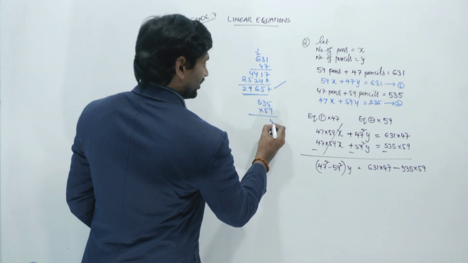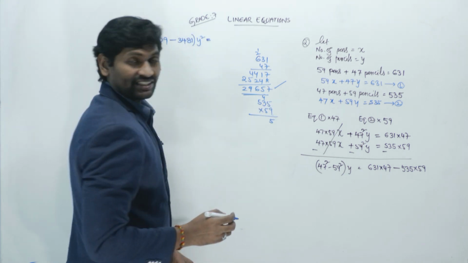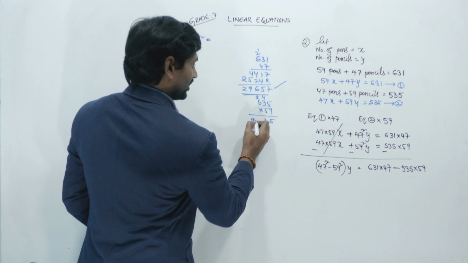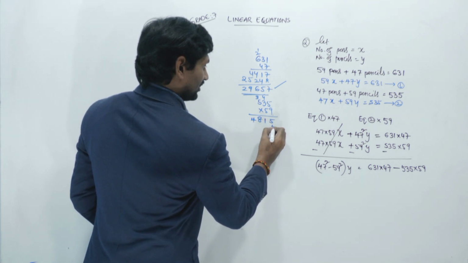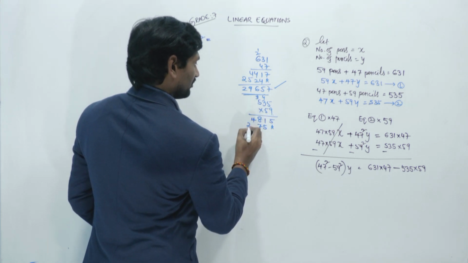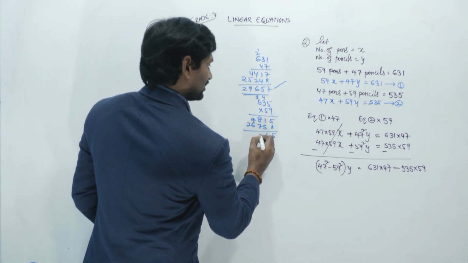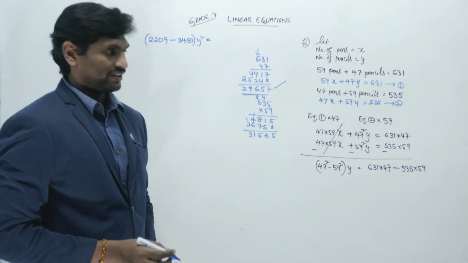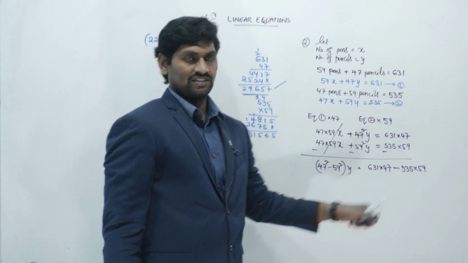So 5 nines are 45, 9 threes are 27 plus 4 is 31, 9 fives are 45 plus 3 is 48. Now 5 fives are 25, 5 threes are 15 plus 2 is 17, and so on. This will be 31565. Here both of them are getting subtracted.